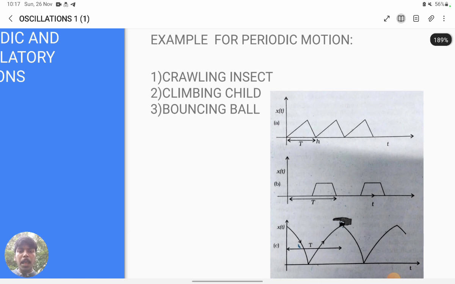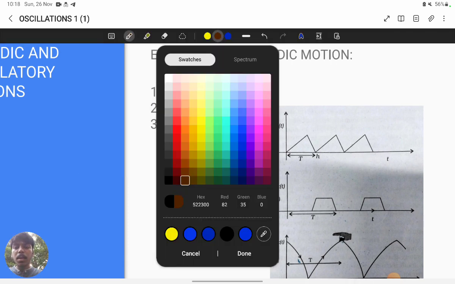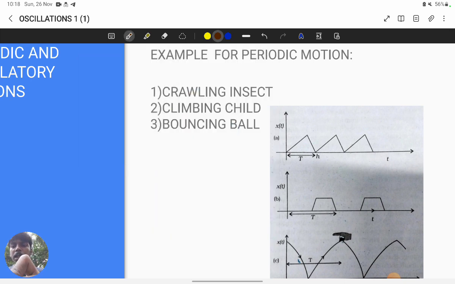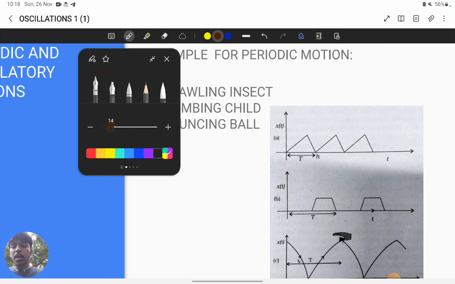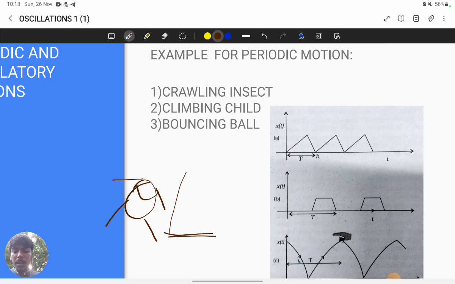Here, the first example for periodic motion is a crawling insect. For example, consider an insect. Let me just write. This is an insect. The insect is crawling up, on the surface of the earth, and again it suddenly falls down.